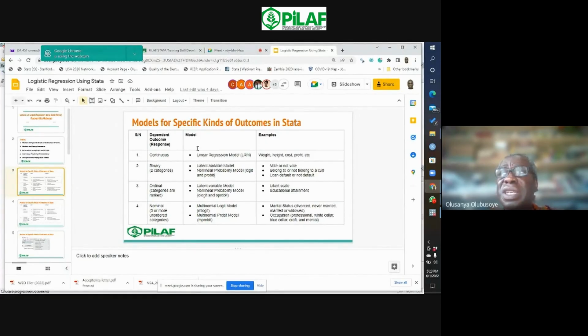Again, you can create dummy even if you have more than 2 levels. If you have 3 or more levels, you can create dummy. So dummy is when you assign 0 to a feature that is absent, and you assign 1 to a feature that is present. Is that clear? Thank you, sir.